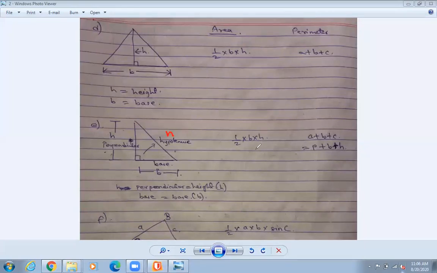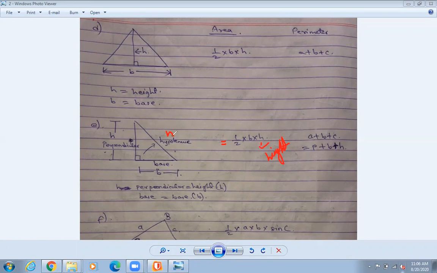But we should keep in our mind that in this formula, half into base into height, it is height, not the hypotenuse. Whenever you write half into b into h, in your mind you should say half into base into height, so that you will not be confused. h means not the hypotenuse, it is the height.